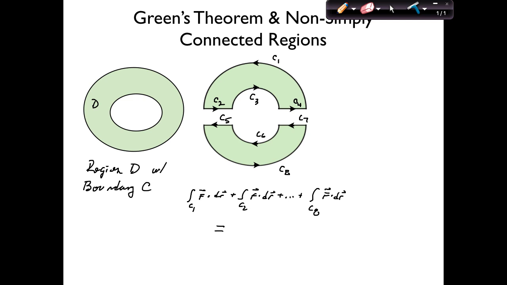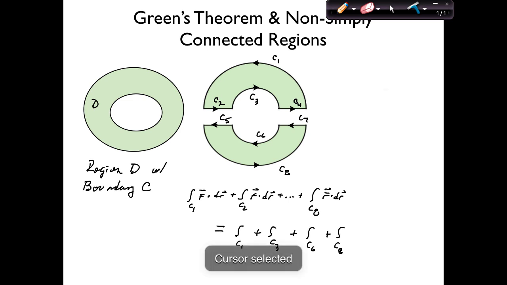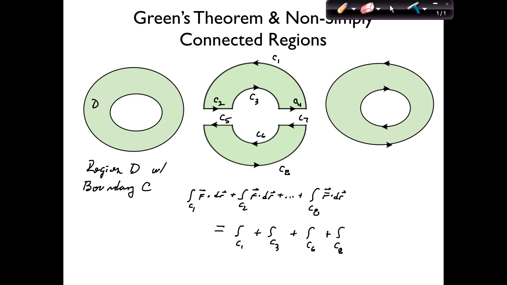So I'll just get C1, C3, C6, and C8. Basically what that amounts to is, C1 plus C8 means do the counterclockwise loop around the outside.